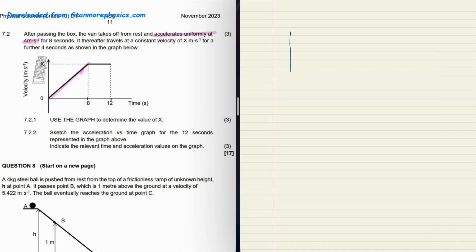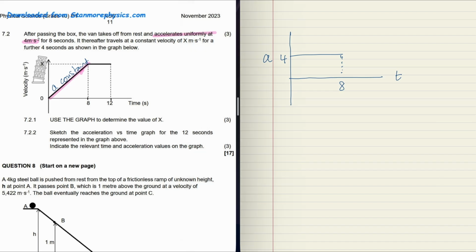Now, as I said earlier on, since this is a straight line, the acceleration is going to be constant. So acceleration time is going to be constant for those 8 seconds. So it's going to be 4 meters per second squared for those 8 seconds.